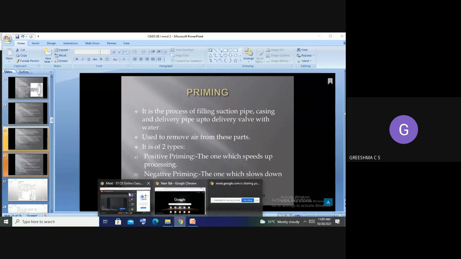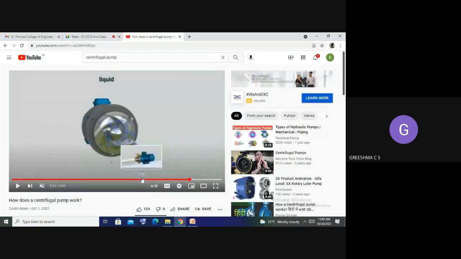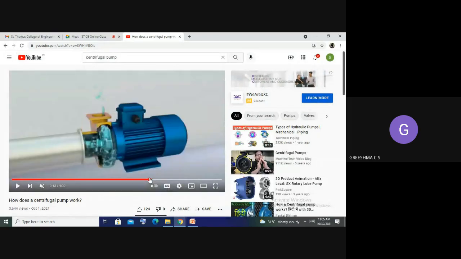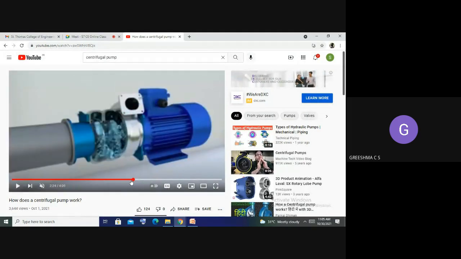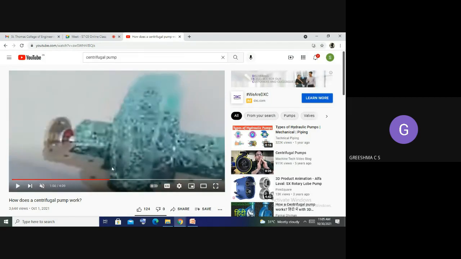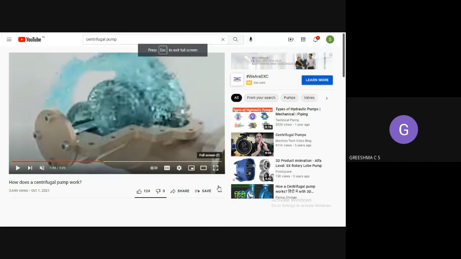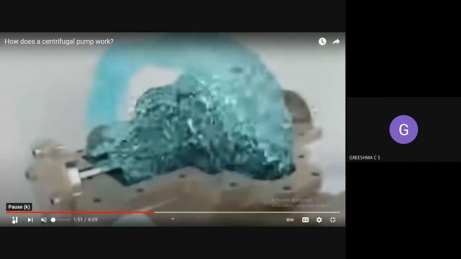In this video they have clearly shown you the priming process. See, this is the priming. Here you can see everything: the suction pipe, delivery valve, everything is filled with water.